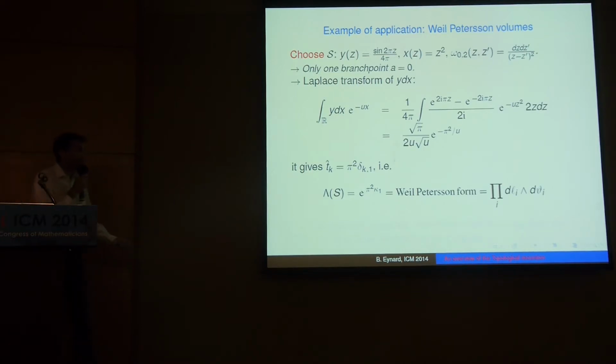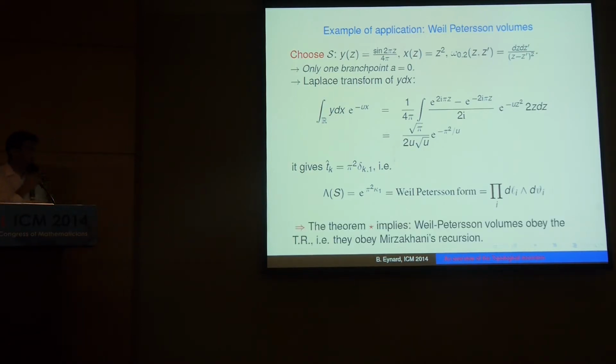So in fact, by using this star theorem, we have proved that the topological recursion applied to that curve produces the Weil-Petersson volumes, the volumes of moduli spaces. So in fact, we have proved Mirzakhani's recursion by using this theorem.